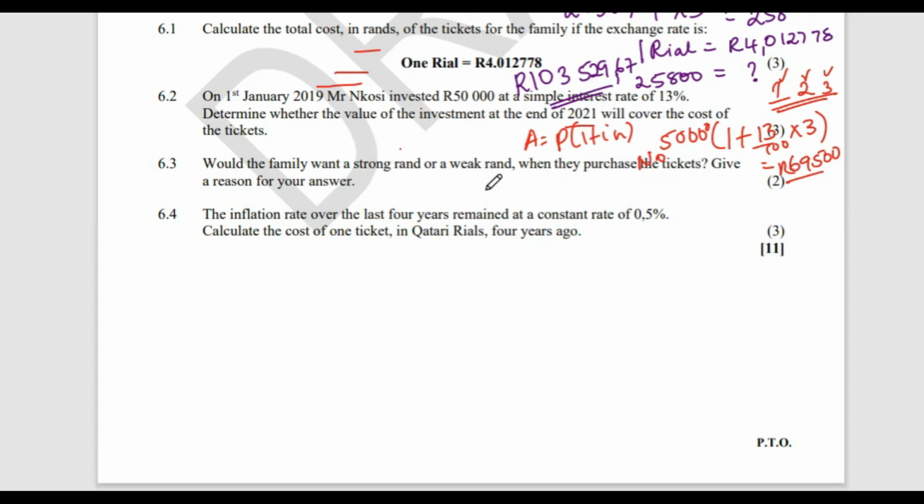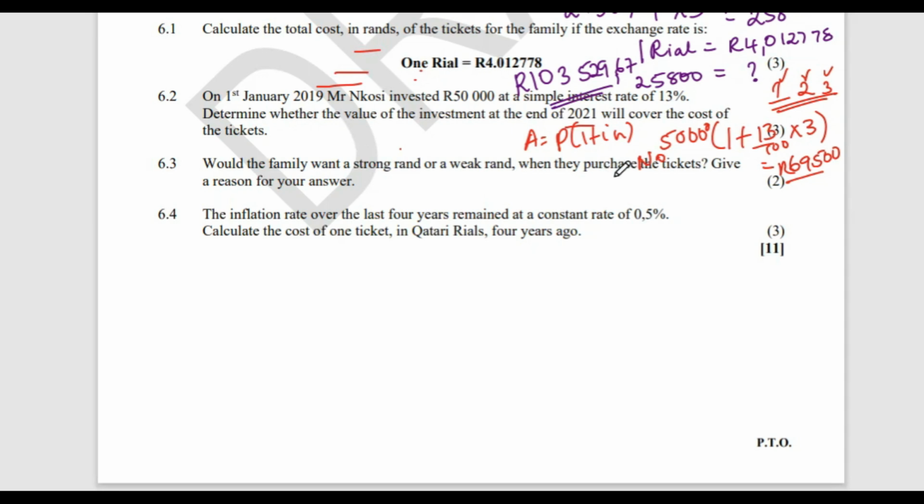Then would the family want a strong rand or a weaker rand when they purchase the tickets? Give the reason. So in this case, when you look at 1 rail, you need 4 rands and something just to get 1 rail. Okay. So which means the rand is a bit weaker when you compare the 2 currencies.